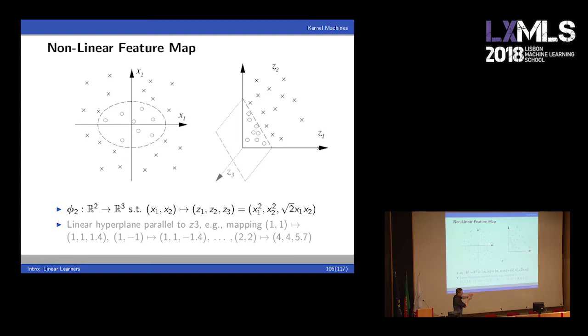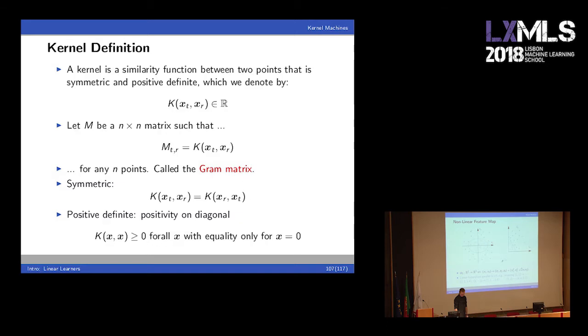So you will basically push the examples that lie around this circle here to very large values and push them above the hyperplane, and the other ones are behind the hyperplane. This is done by this very simple feature map, which is not separable by a linear classifier. Okay.